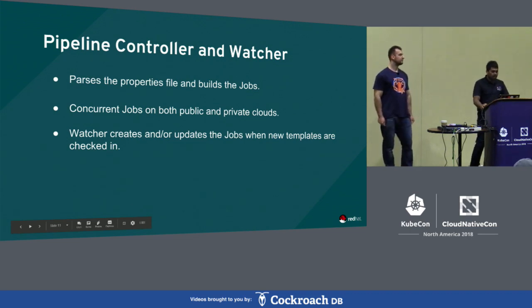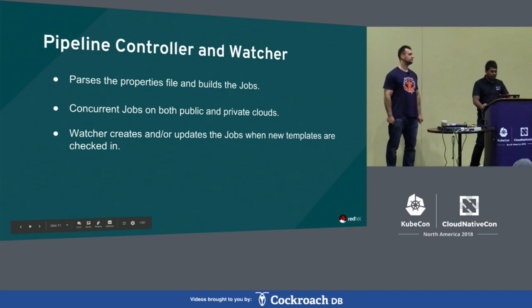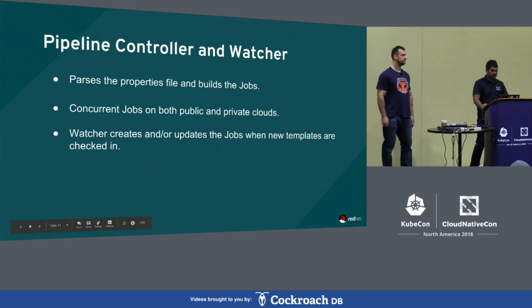It's all open source, and it's in YAML, by the way, so it's easy to edit. And let's say we modify a particular job template or add a new job template to the GitHub repo. This is where the watcher component comes into the picture. The watcher component watches for these changes and creates or updates the jobs in Jenkins.